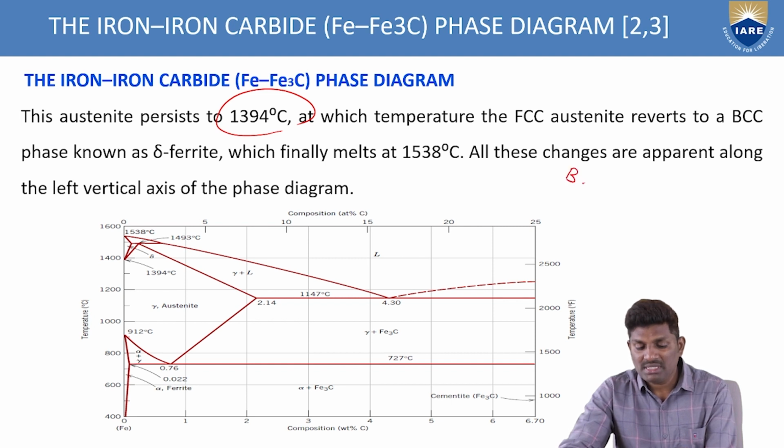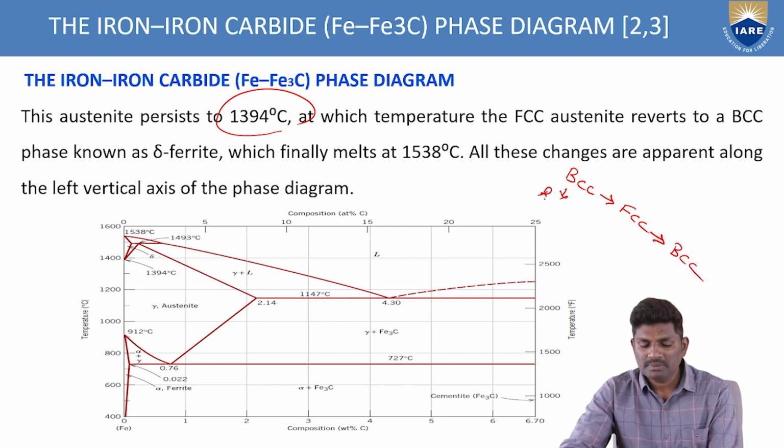Earlier it is BCC converting to FCC, again coming back to BCC. This is at room temperature, this is at 912 degrees centigrade, and this is at 1394 degrees centigrade.